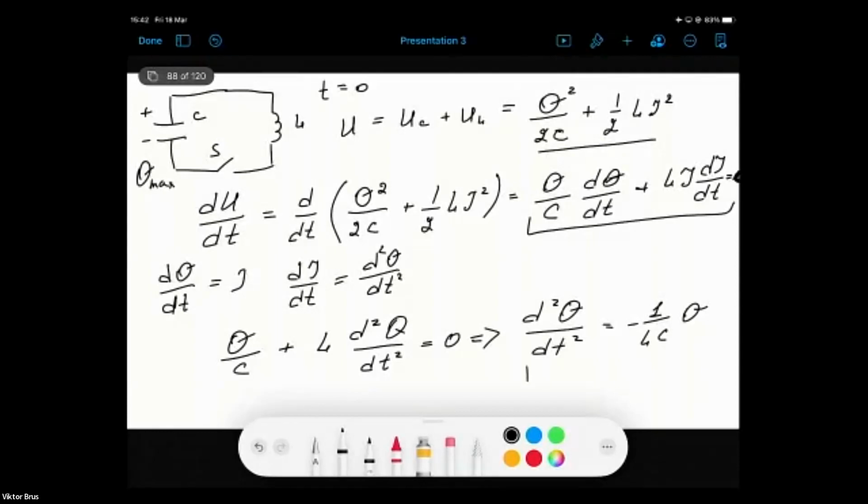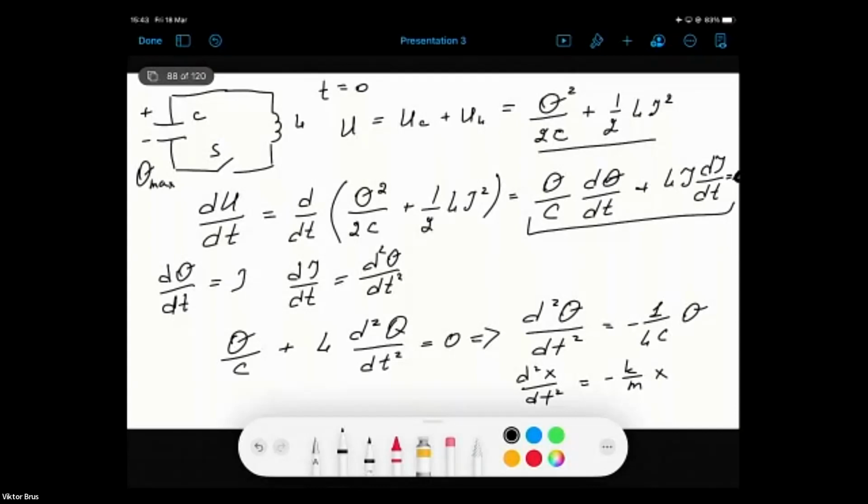So that was d squared x over dt squared equal to minus k divided by m times x. So k is the spring constant and m is the mass of the block.